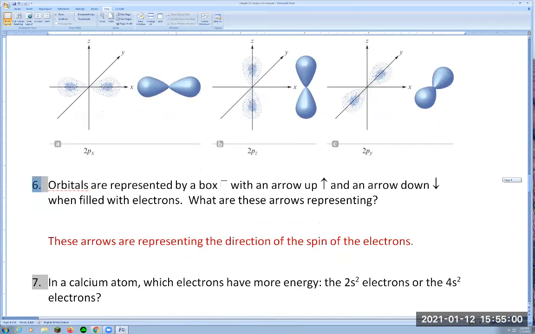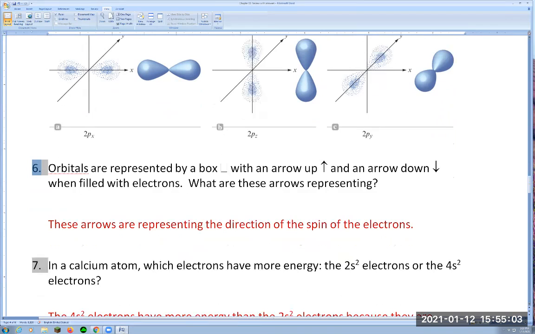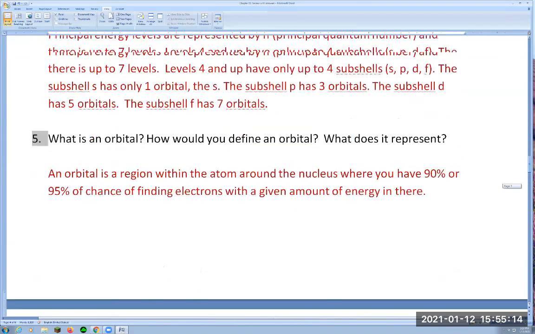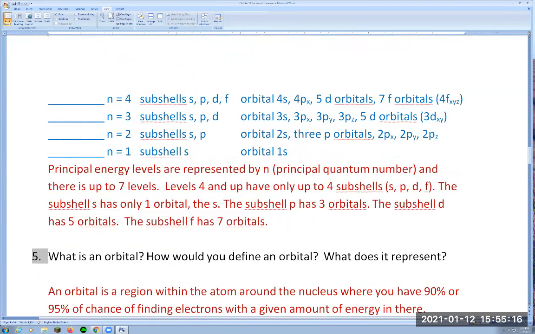So question 7. In a calcium atom, which electrons have more energy, the 2s2 electrons or the 4s2 electrons? If I look here, the nucleus would be below that first shell, at the bottom of that first shell. And then the energy goes up as you move from n equal 1 to n equal 2 to n equal 3, n equal 4.